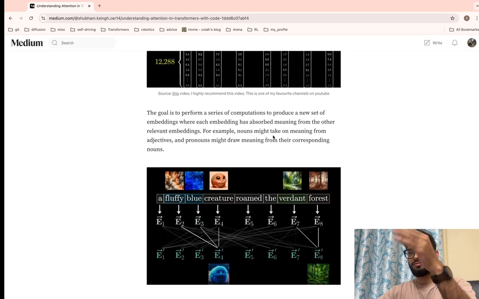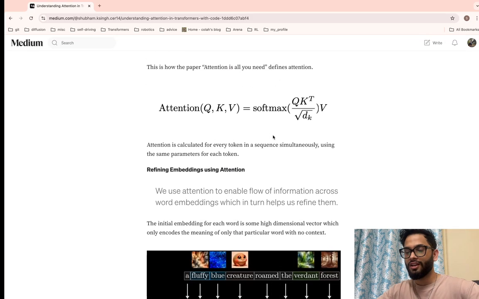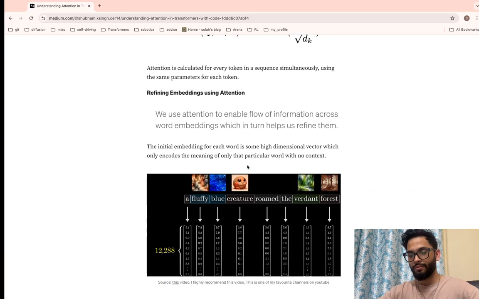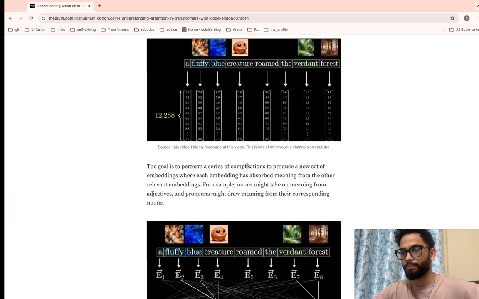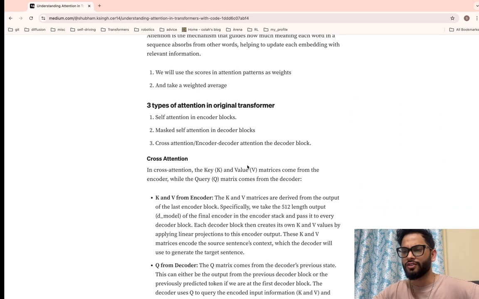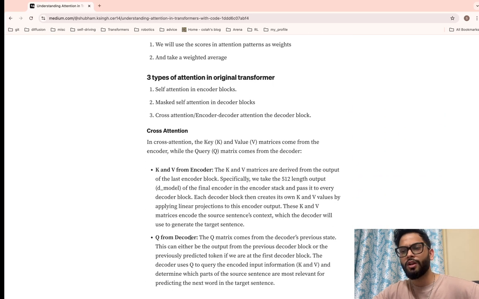But the funda is simple, exactly the same as what we are doing. It's just that if I'm trying to translate from English to Hindi, the query will be from the decoder. Key and value vectors will be from the encoder. That is how the transformer works. So K and V will be from the encoder, and Q will be from the decoder.